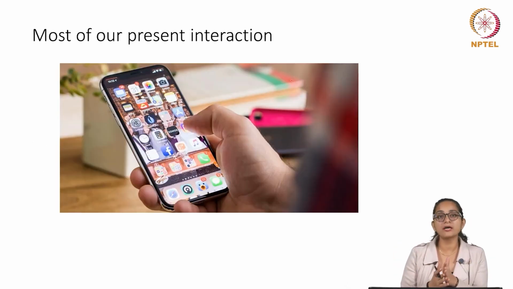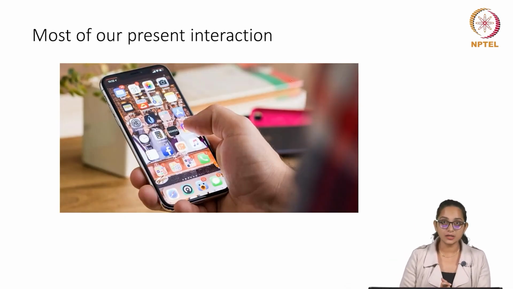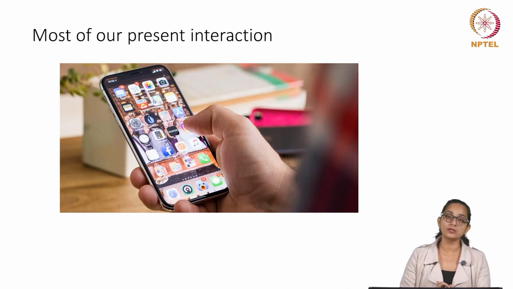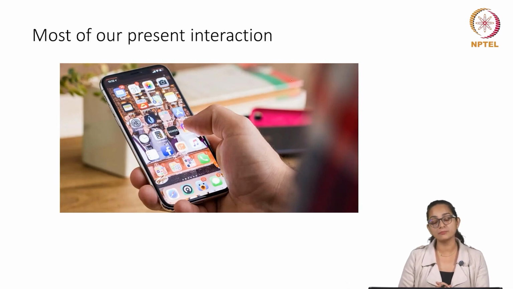So again, we come back to the same image we saw in our emerging input technologies talk. Because this is the kind of interaction we look at on an everyday basis, let us now analyze this interface from an output technology perspective.